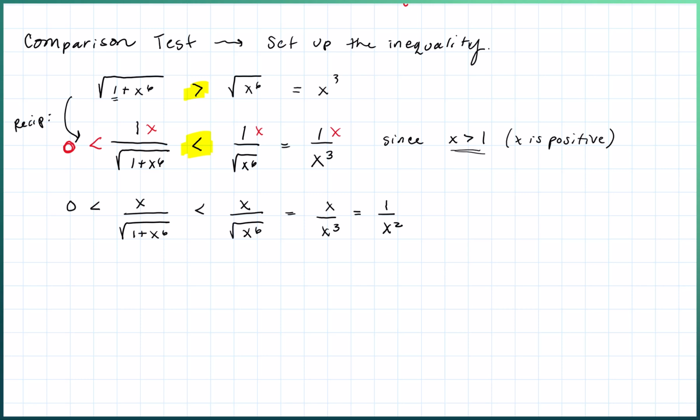And so what we have just shown, therefore, is that our function, and I did some of the algebra there as I was working through that inequality, but the inequality boils down to this: the function we're working with is smaller than 1 over x squared. This is the smaller function.